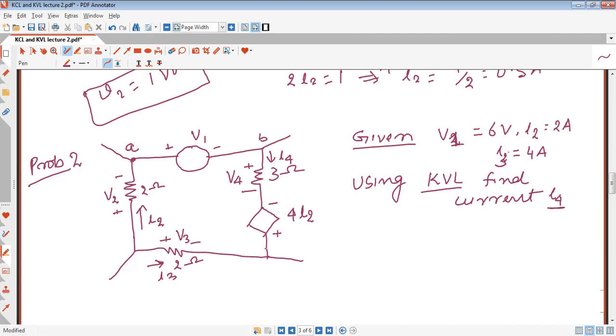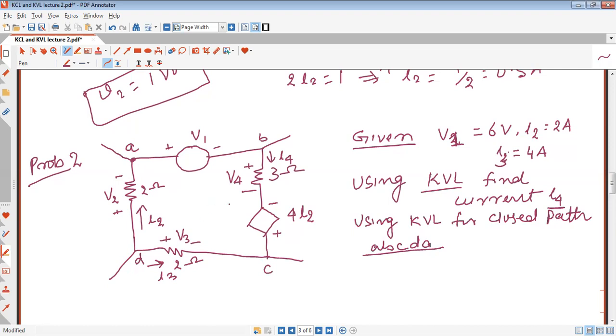Suppose it is A, B, C, D, and A. Using KVL for the closed path A, B, C, D, A, we can go in either clockwise or anti-clockwise direction. I am going from here, A, B, C, D, A. We can also go the other way. The answer will be the same.